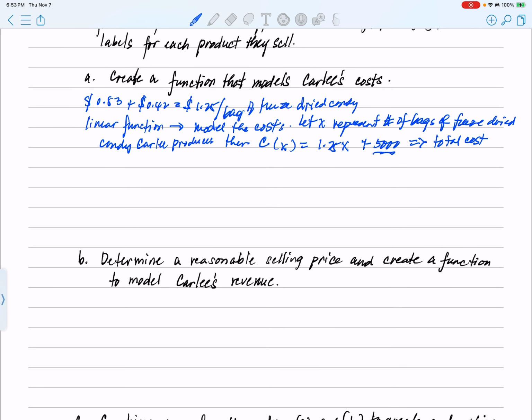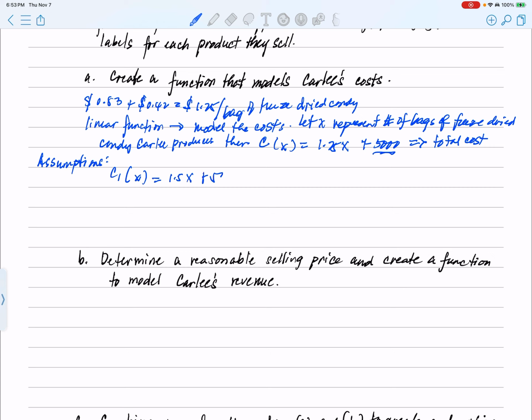So the first assumption we had is $1.50 per bag plus 5,000.